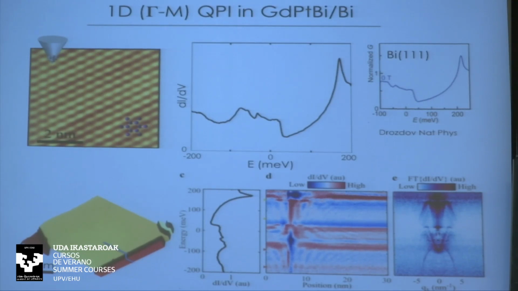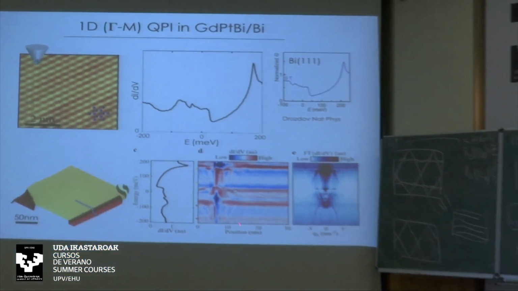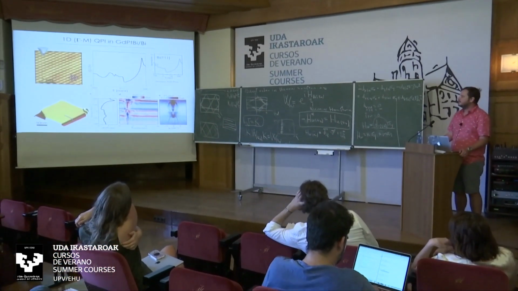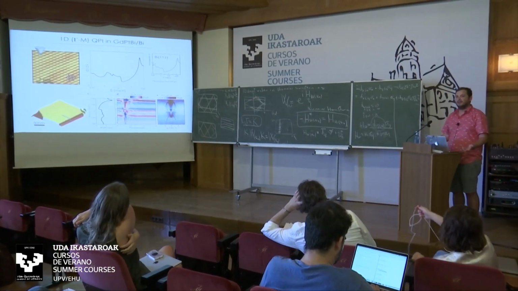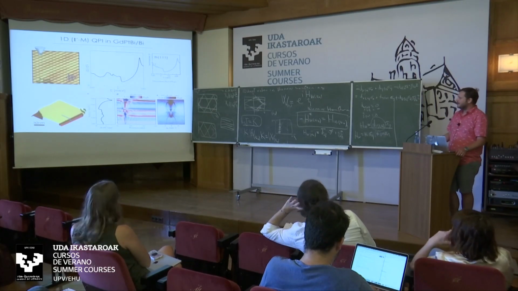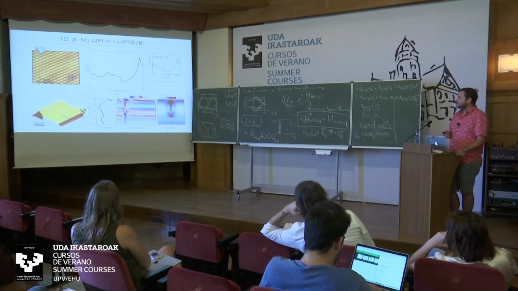They get scattered into a different state, either within the same pocket of the surface band structure or to a different pocket with a different momentum. And this gives rise to these very reproducible interference patterns, which can tell us something about the dispersion of the material, in this case bismuth.